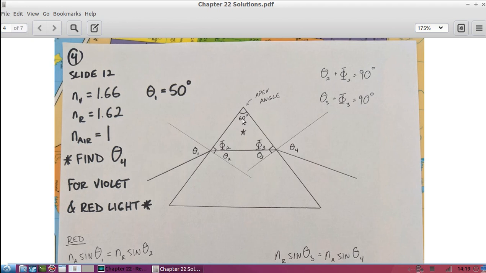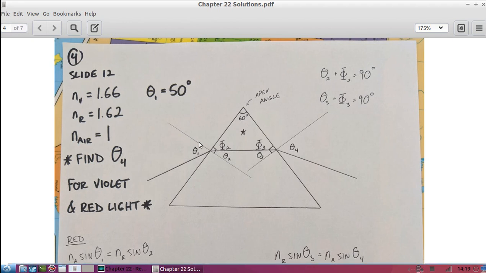So we know our apex angle is 60. We know it's coming from air, so we've got an index of refraction of 1 out here. For red light inside the prism, it's 1.62. For violet, it's 1.66. So we're going to do red light first, and we'll start at this surface right here. So the incident angle is 50 degrees.